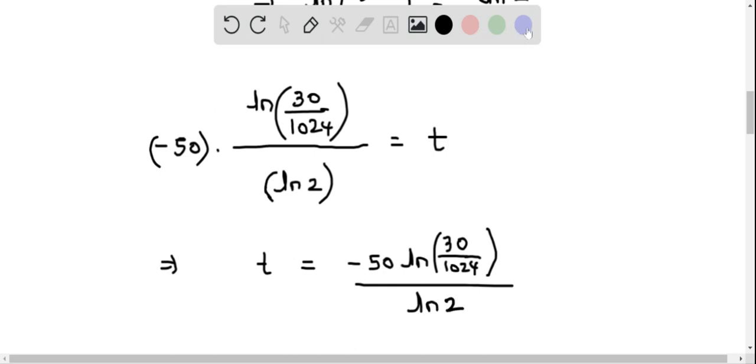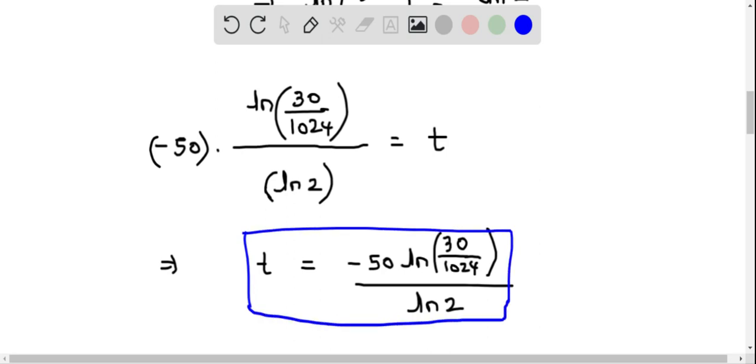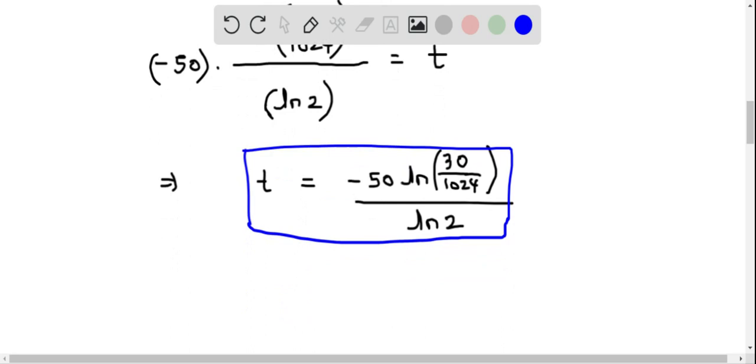So this expression gives us the time to evaluate given the final amount is 30 milligrams. That is when the substance decays to 30 milligrams. So we can consider this as the expression to determine the time.